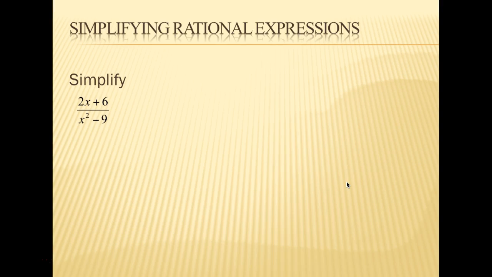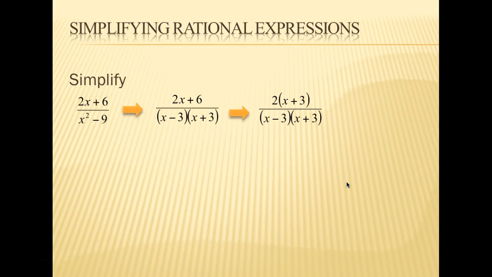Let's factor again. Please pause the video and try to factor this on your own. Okay. So to factor our numerator and factoring our denominator, we get this. And then x plus 3 in my numerator and x plus 3 in my denominator will be simplified to 1.